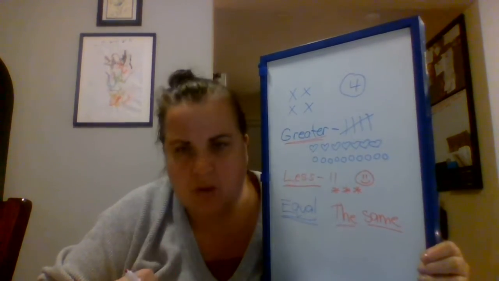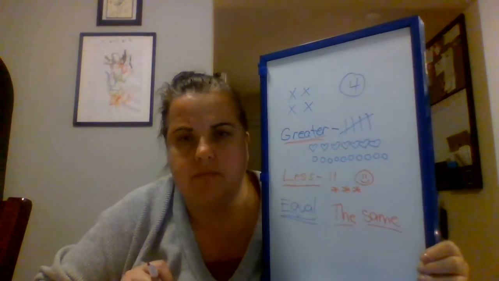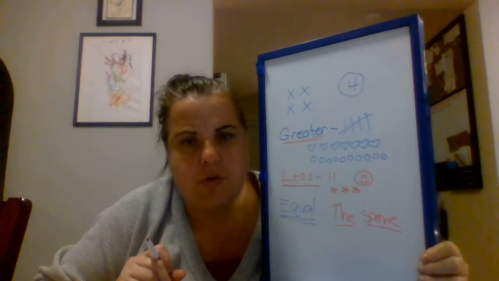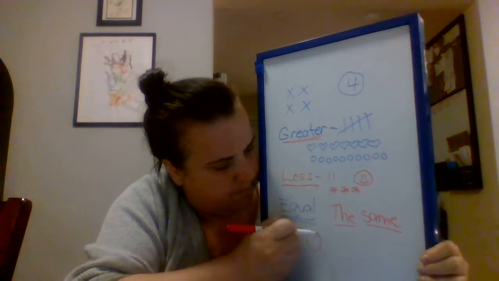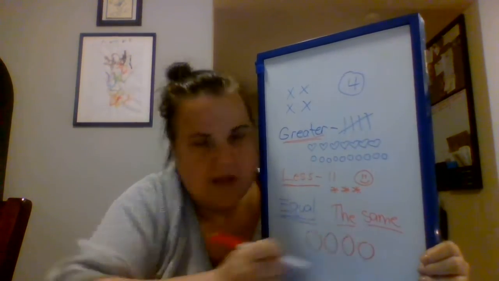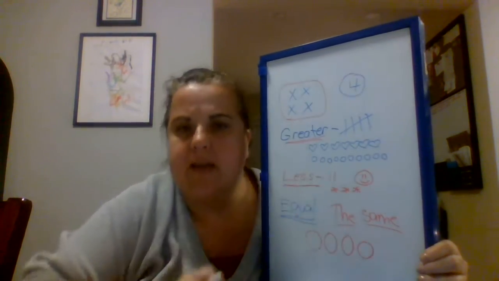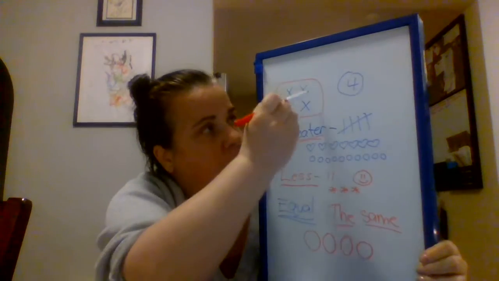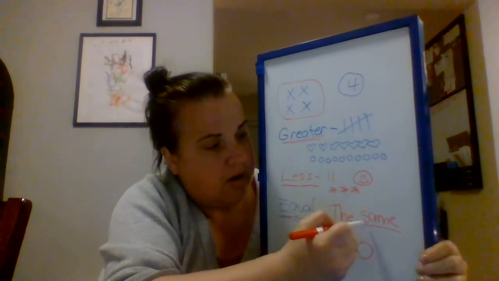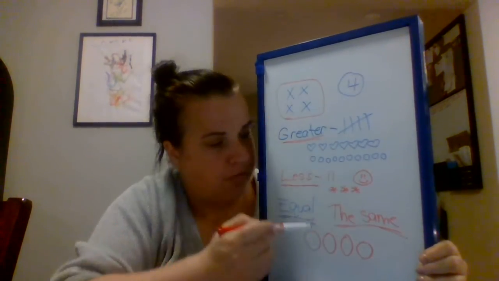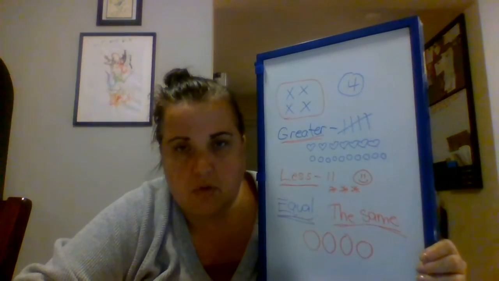The only amount that you can draw? I sure hope you all said 4. That is the only picture you can draw if this is the group I give you, because they are equal. They are the same. They are both groups of 4.